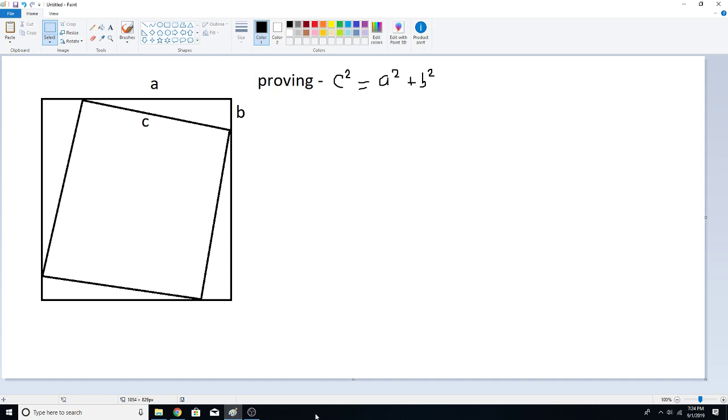So some equations which are useful to know: remember that the area of a square is one side times the perpendicular side of the square or rectangle. For a perfect square with the same side lengths, it's just the same thing times itself.